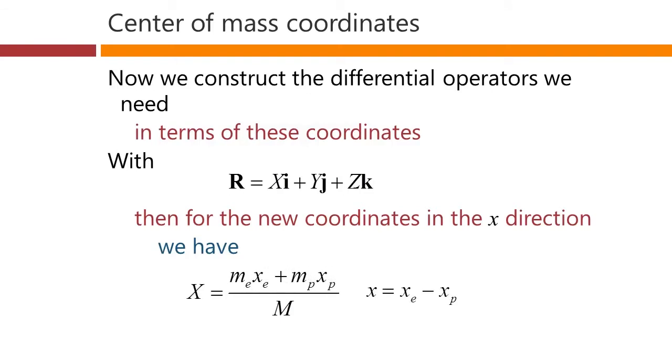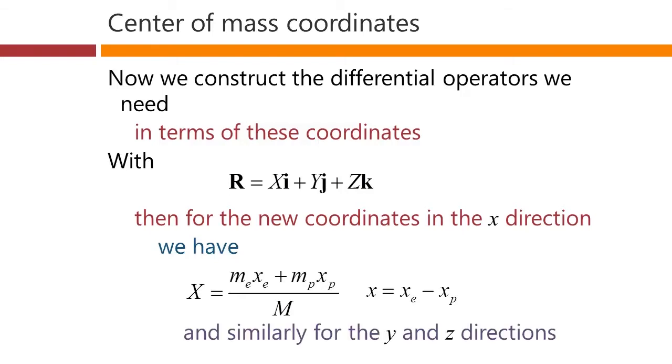And in the x direction for the relative position coordinate, this little x, which, as before, is the separation of the electron and proton x coordinates. And we'll have similar versions for the y and z directions. So we've got little x's and little y's and little z's referring to the relative position, and capital X's, capital Y's, and capital Z's referring to the center of mass position of the electron and the proton.